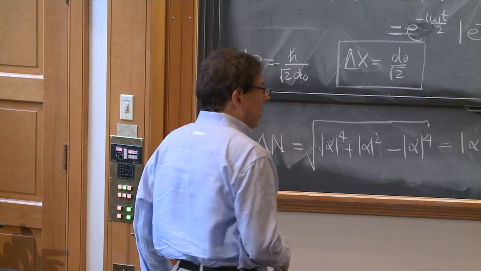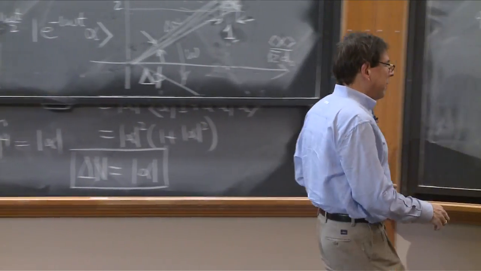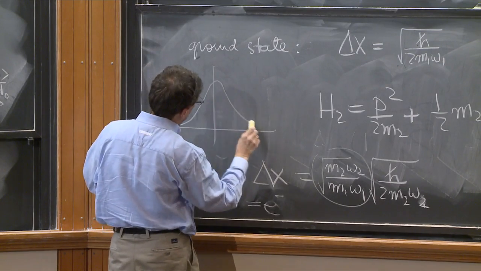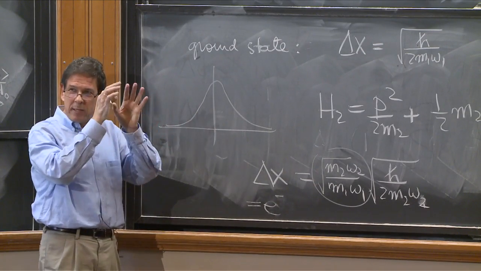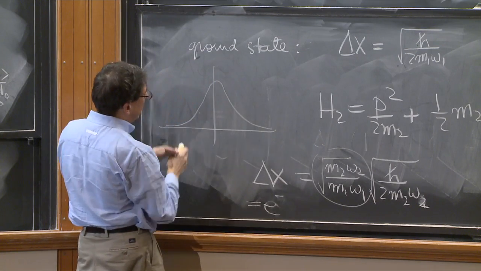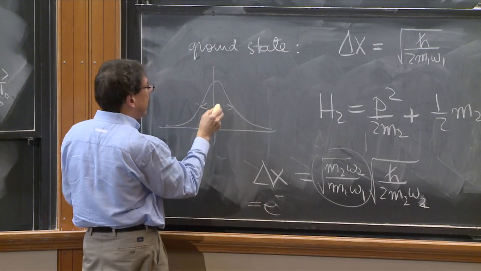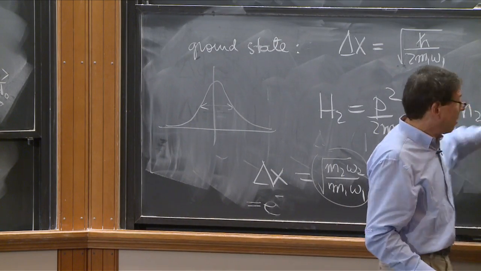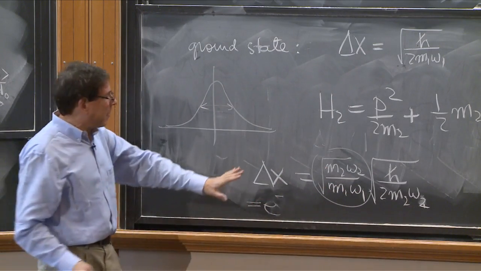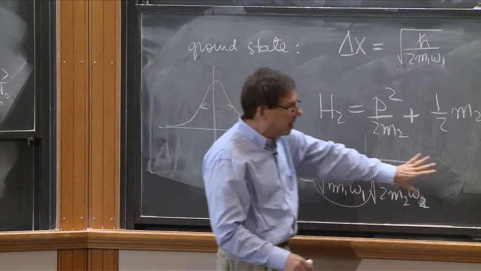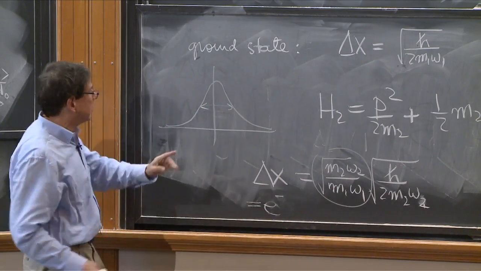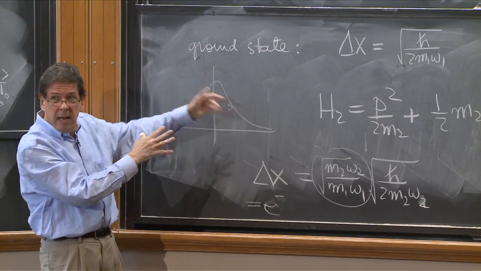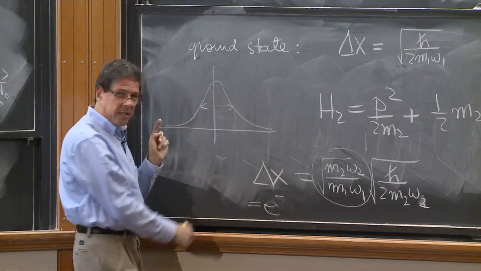Okay. You see, what I assumed is that before time equals 0, you had a Gaussian. That was the original wave function, and it had some delta x and some delta p that were given by these quantities. Now, I didn't do anything except rewrite these same quantities here, because what I said next was that even though at time equals 0 the Hamiltonian changes, the wave function doesn't change.